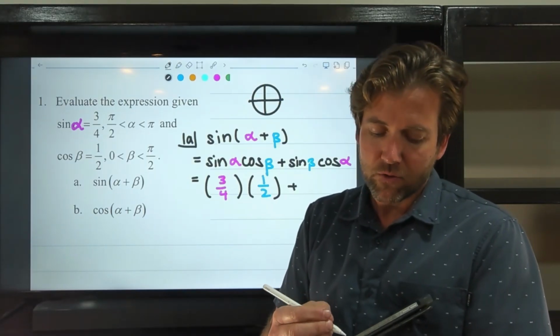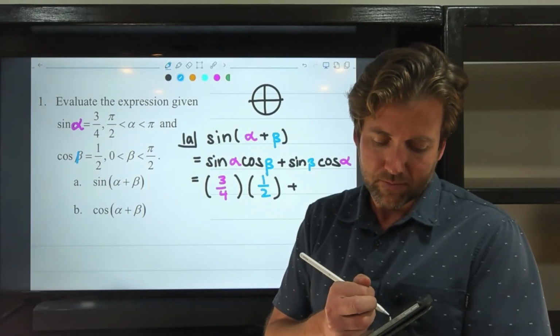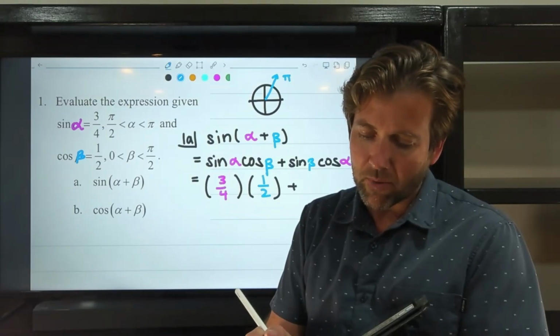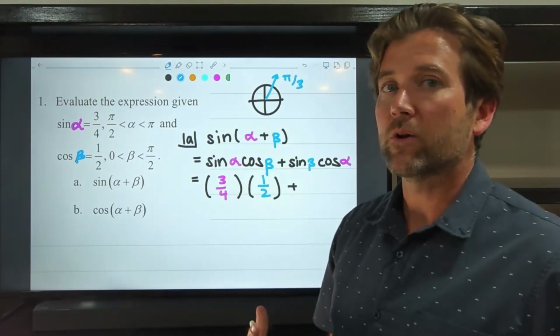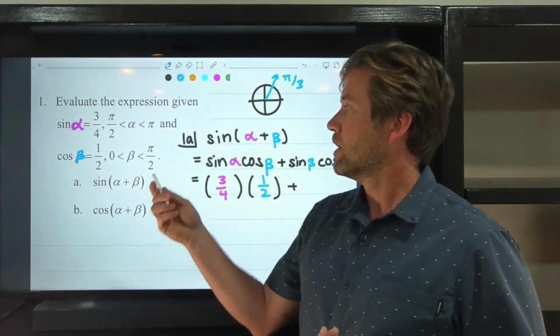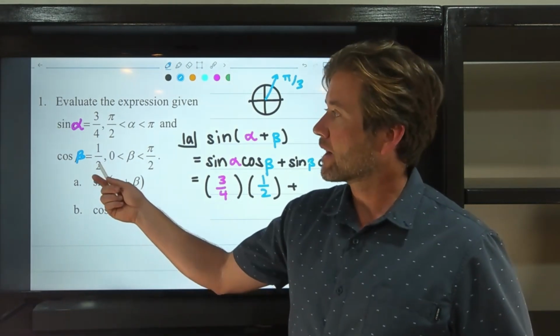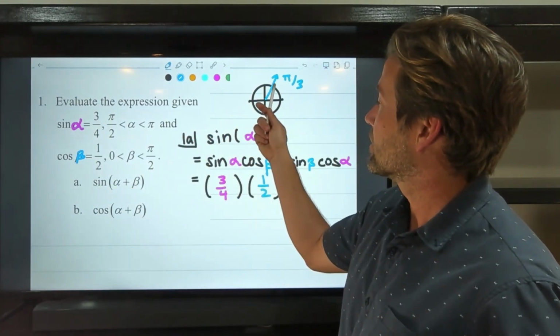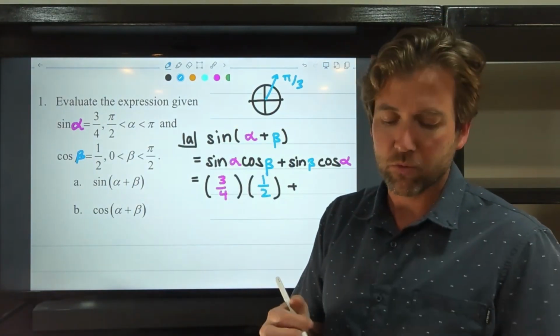Now, I would love it if you recognize beta as the angle pi over 3. How do we know that? Because we're familiar with the points on the unit circle that have an x-coordinate, cosine, of 1/2, which is right here. This point is 1/2, comma, the square root of 3 over 2.